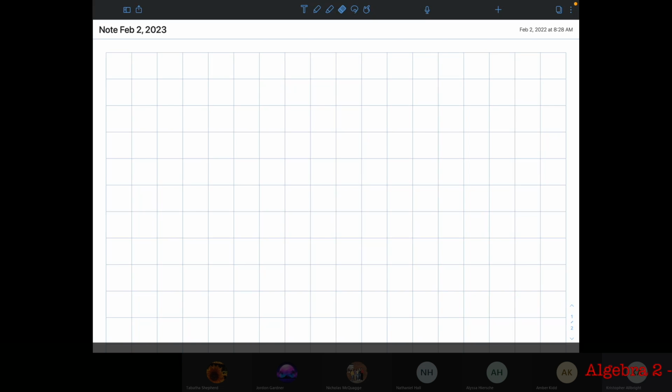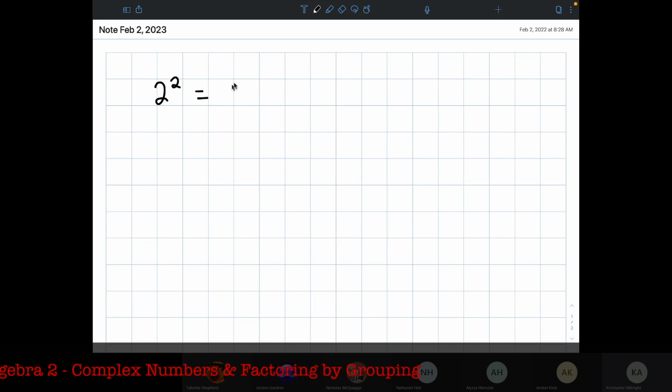Okay, so complex numbers. Let's actually get to why complex numbers exist first. If we have something squared, all that is something times itself, which in this case is going to give us 4.